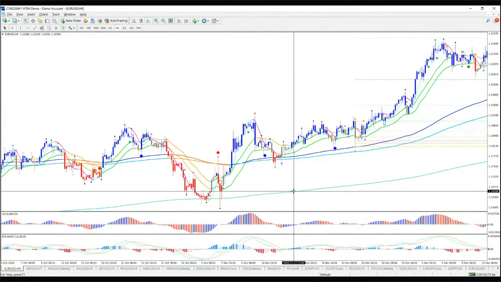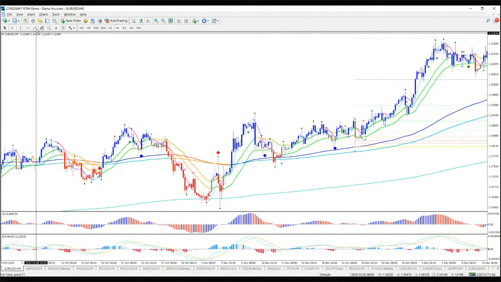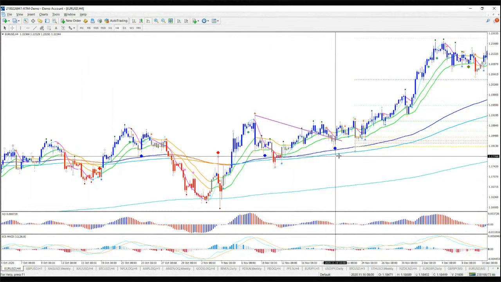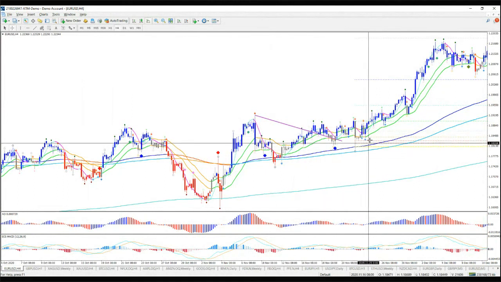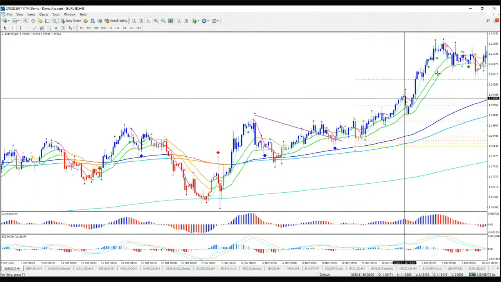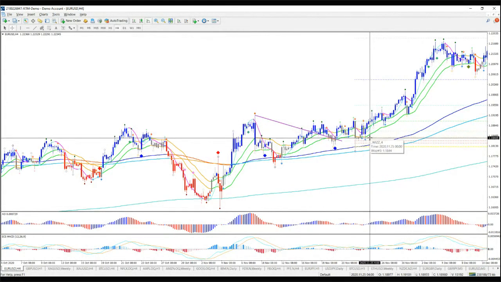So you got uptrend, you have break, you're looking for pullback and continuation, and that's what you got. And plenty of ways to find that continuation using SWAT candles, fractals, etc., HMA, SWAT arrows.